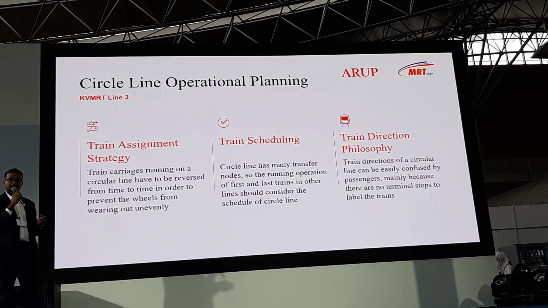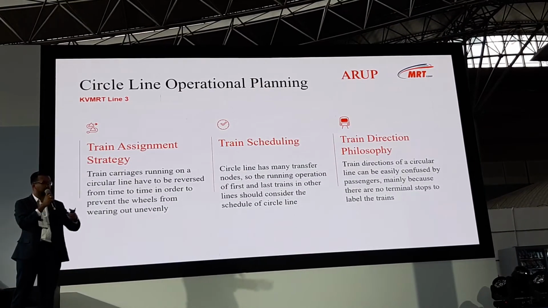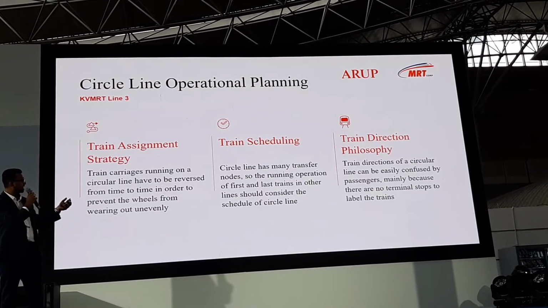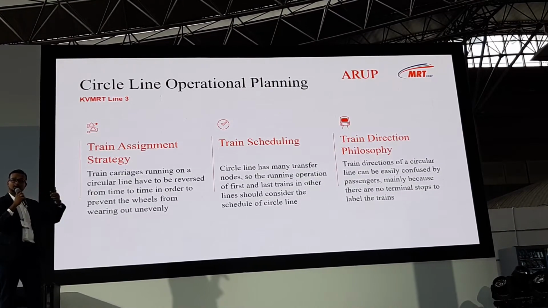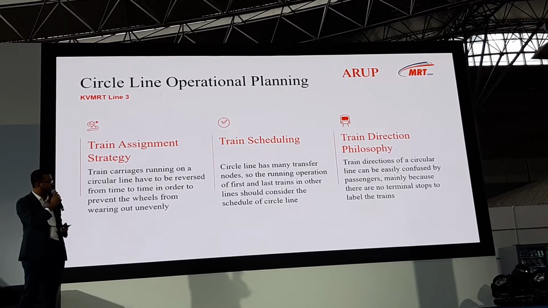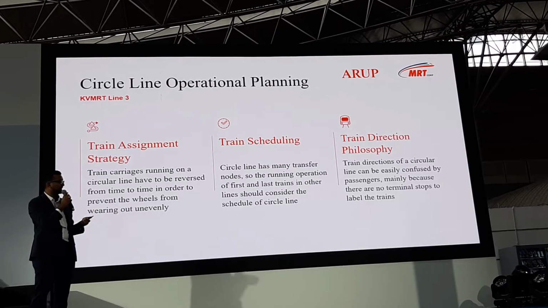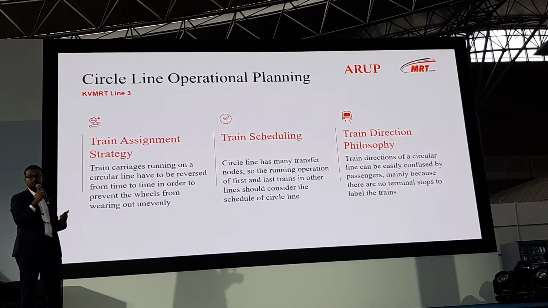In terms of train scheduling, as the circle line connects to radial lines at certain locations, the circle line will have to consider the timing and train scheduling of other lines to have better connectivity. And of course, the train direction philosophy. Train directions can easily confuse passengers because there is no terminal stop.